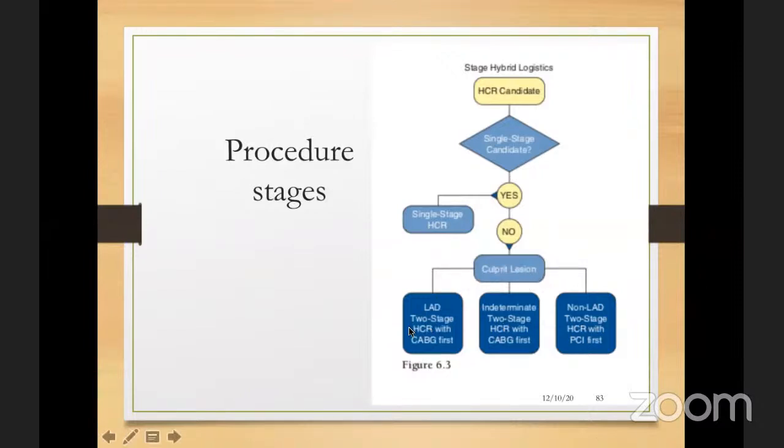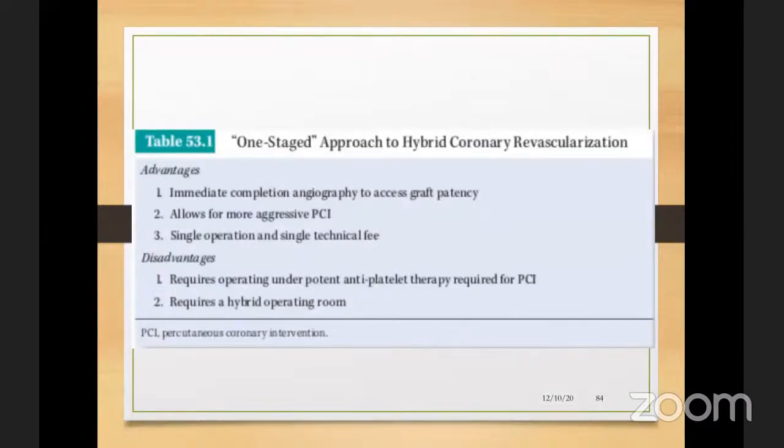If the LAD is the culprit, the procedure will start with the CABG and then be followed by the PCI. If the non-LAD lesions are the culprit, then start with the PCI and then follow with the CABG. If it's indeterminate, start with the CABG and then follow with the PCI.